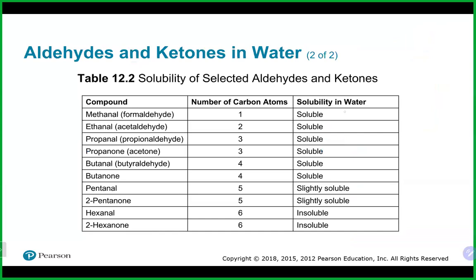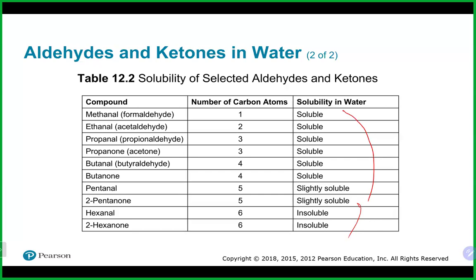So that's what we see here, upwards of almost like 4 for sure. At 5, you're getting to the point where it's slightly soluble, which is kind of considered insoluble. And past that, you're going to get into some things being insoluble because it's really large.